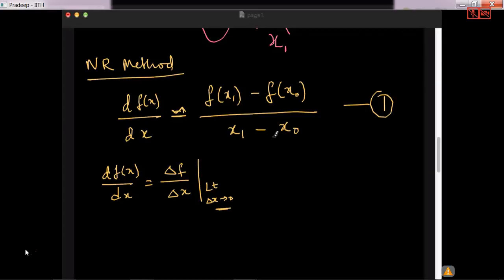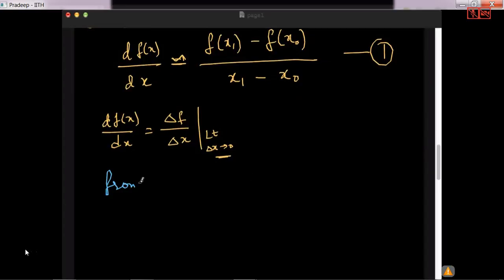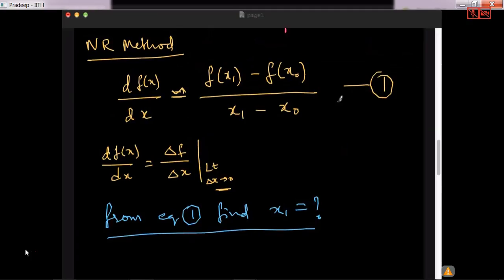From equation 1, I want to find x1, because x1 is what is unknown. Why am I saying that? x0 you already know, because you assume some initial value of x0.